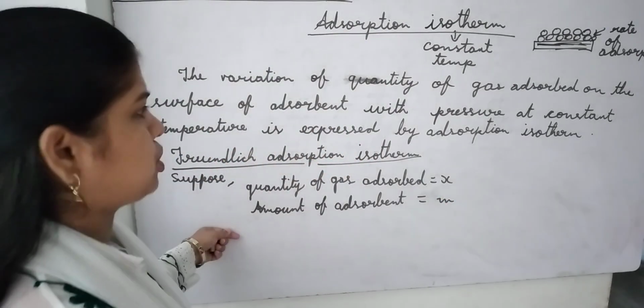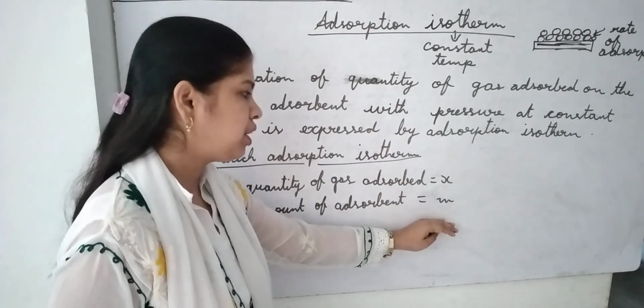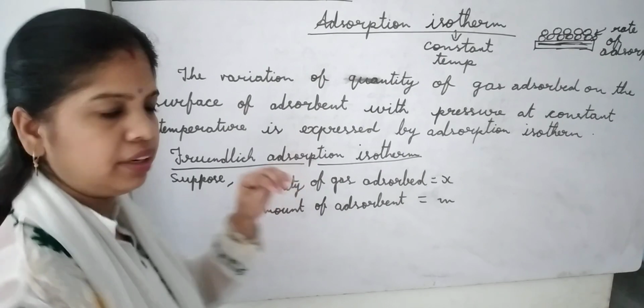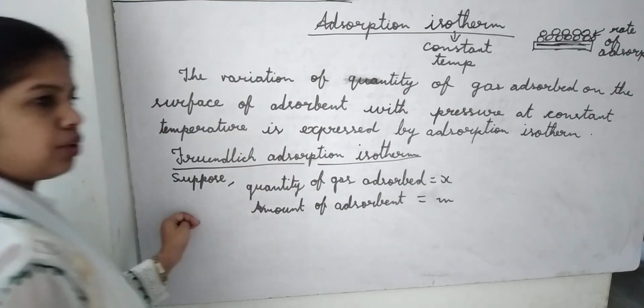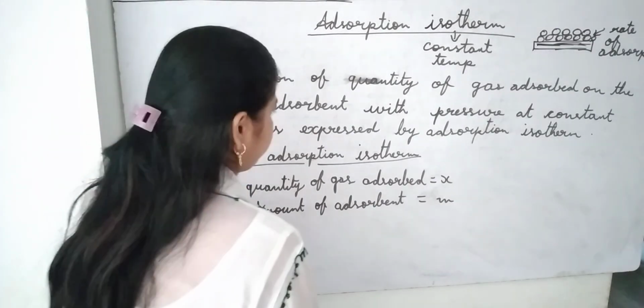So rate of adsorption, that means the quantity of gas adsorbed per unit mass of adsorbent is directly proportional to the pressure, which has exponent 1 by n.